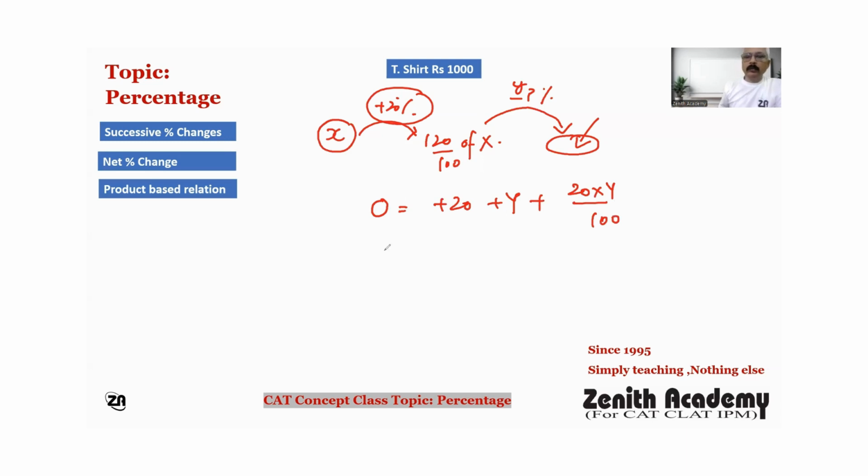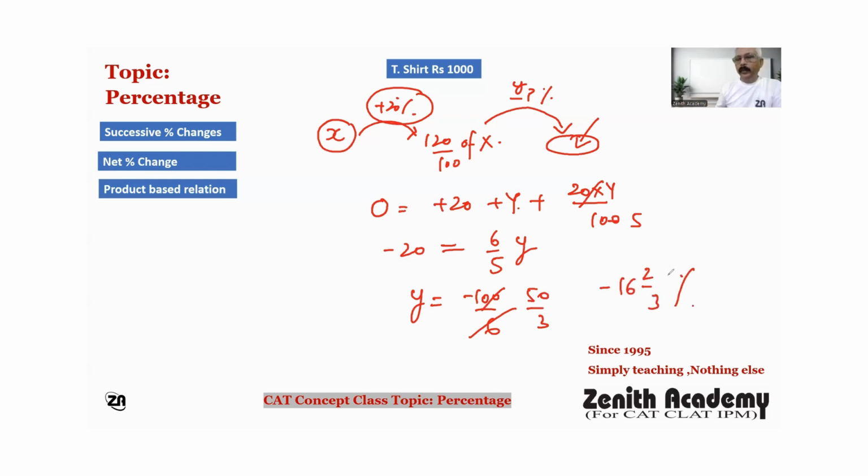Okay, so this is minus 20, and this is 5, and then Y plus Y by 5 is just 6 by 5 Y. So Y is equal to minus 100 by 6, 50 by 3, means minus 16 and 2 by 3%. Okay.